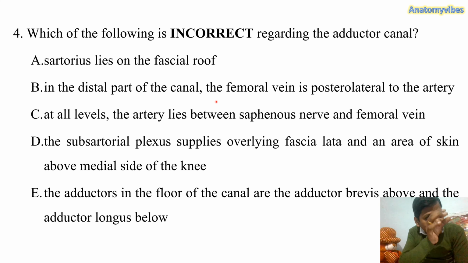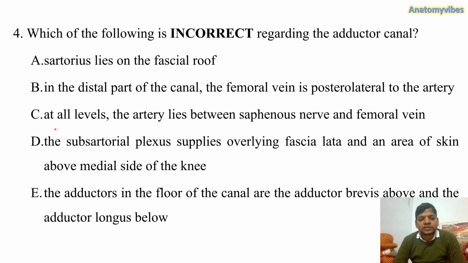So when we are going from femoral triangle to adductor canal, vein will change its direction and it will go lateral. So from medial, vein is going to the lateral and it is always posterior. So femoral vein is posterolateral to the artery in the adductor canal.